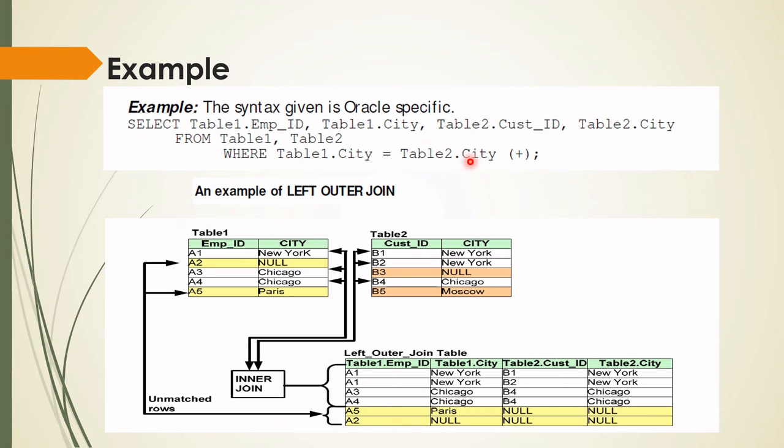In the previous example we considered the left side table, not the right side table, so at the right side we had to write the plus. So this is the concept of joins: inner join, self join. In outer join we have three parts, that is full outer join, right outer join and left outer join. Thank you.